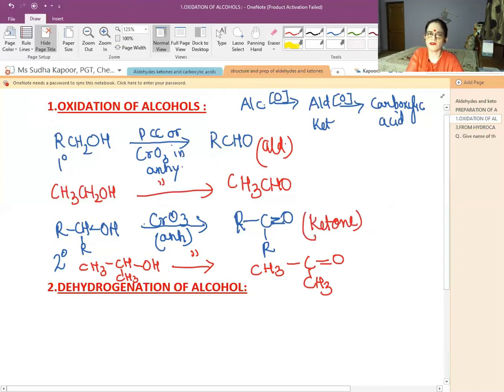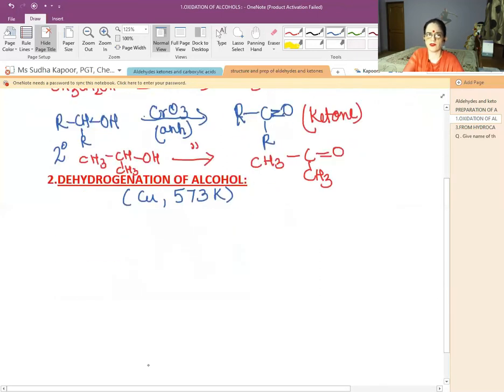Okay. Now, when we talk about the dehydrogenation of alcohol, dehydrogenation itself means removal of hydrogen. But which agent are you going to use in the dehydrogenation of alcohol? Remember here, students, that not only the reagent but we also have to learn the temperature. That is copper at 573 Kelvin. Again, things are very similar to what we have done above.